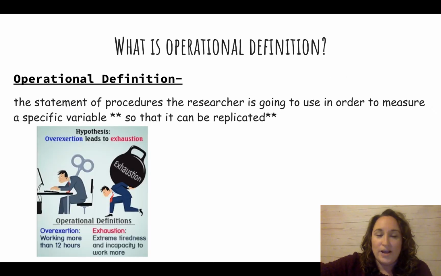So when we are creating experiments and we are looking at different variables in correlational studies, we need to define what these variables are. So an operational definition is a statement of procedures the researcher is going to use in order to measure a specific variable. If you are going to study happiness, well, what is your measurement of happiness?